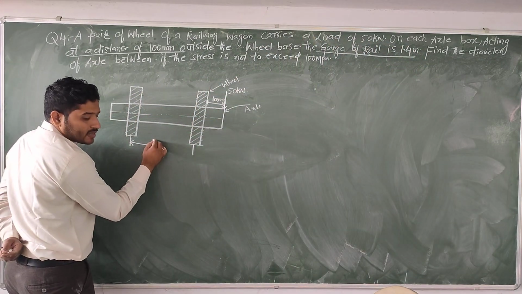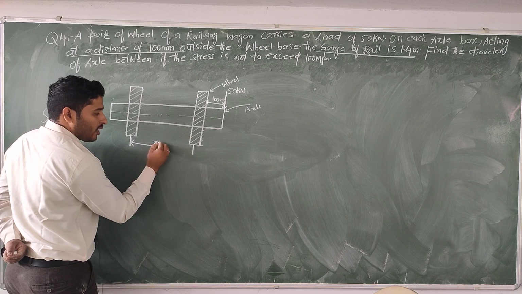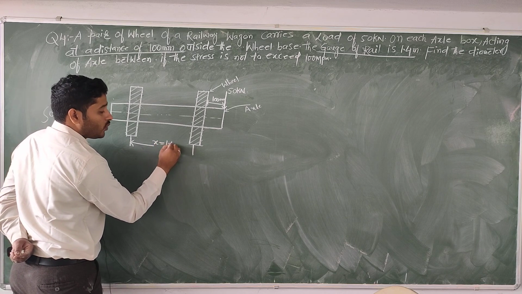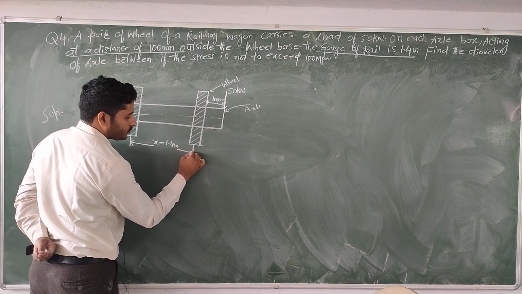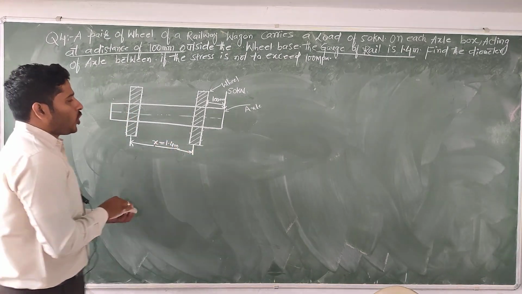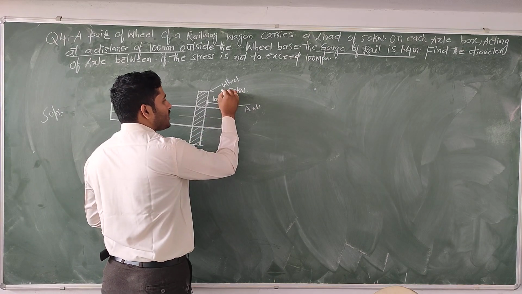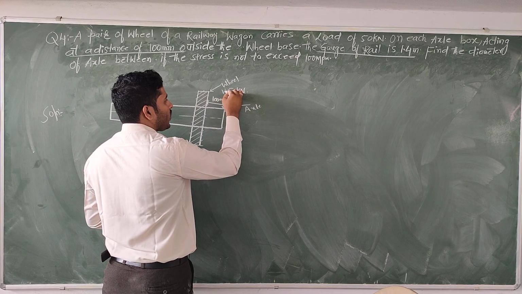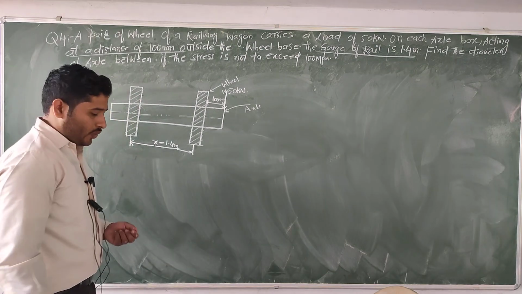So it is represented by x equal to 1.4 meter. And the load acting on this axle is considered as W equal to 50 kilonewton.